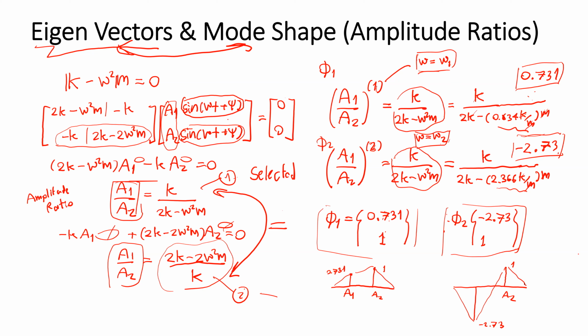But by the idea, when it moves to the equilibrium, it will pass the equilibrium at the same time. This one also, it will come back to here and pass the equilibrium at the same time. Here it's just the ratio of the amplitude.